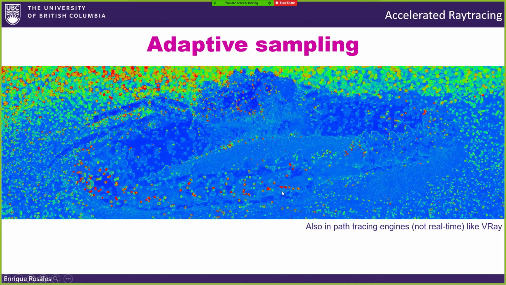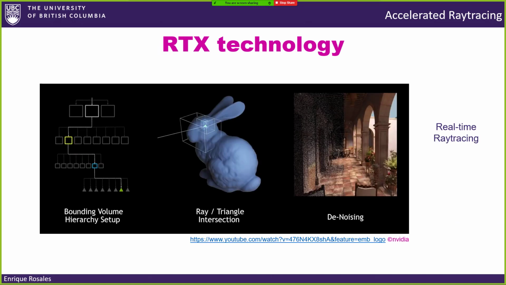The red dots are the ones where V-Ray decided to throw way more rays. This makes the render incredibly cheaper. It still takes a lot of time, but it's obviously cheaper. So you have these adaptive sampling strategies, again depending on the material you're using.